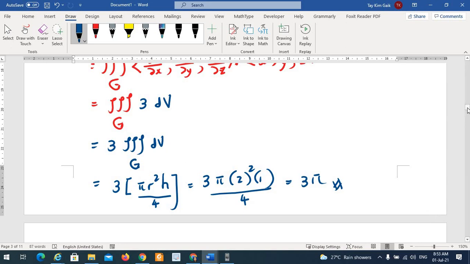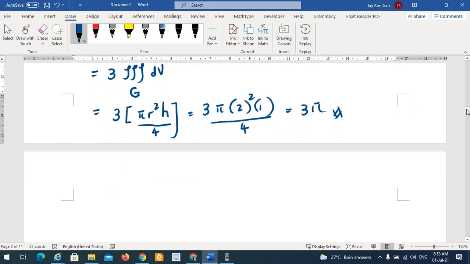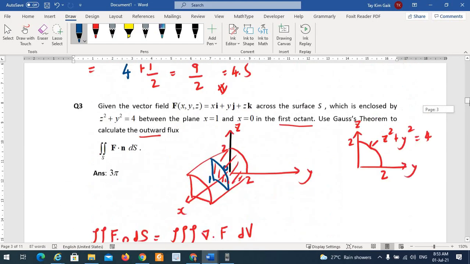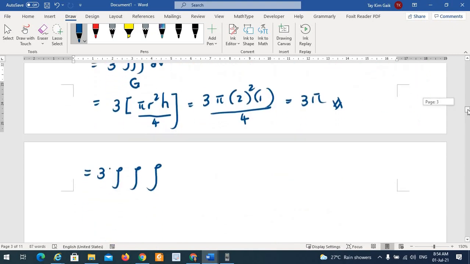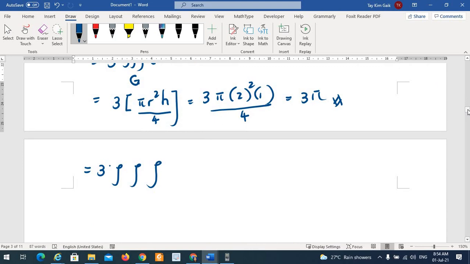If you want to use the triple integral, I will use cylindrical coordinates, but the projection is the ZY plane, and the cylinder is parallel with the x-axis, so I will integrate with respect to x first. So you have a dx, and then for dA, when the projection is the ZY plane, we use polar coordinates.